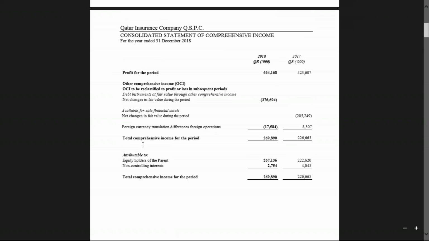This is the part that we need to assess. What are the types of instruments which come under other comprehensive income? That is something we need to talk about in our present discussion. That's where we first define other comprehensive income and move on to the next.